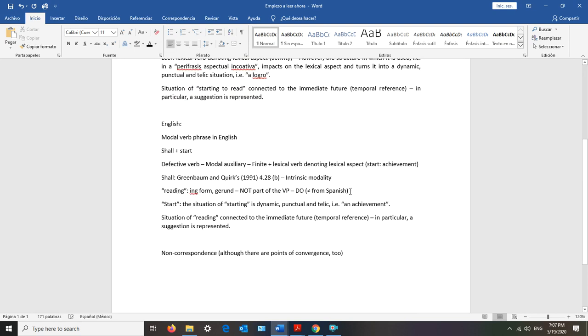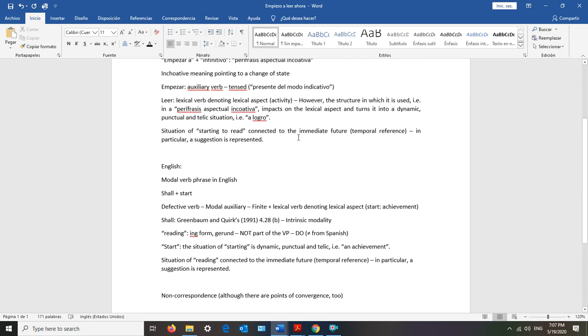Now, start, the situation of starting is like empezar in Spanish, dynamic, punctual, and telic. So this is also an achievement, right? Logro in Spanish, an achievement in English. The situation of reading is connected to the immediate future. This is a temporal reference. In particular, a suggestion is represented.